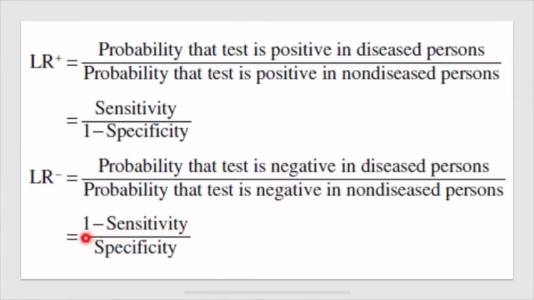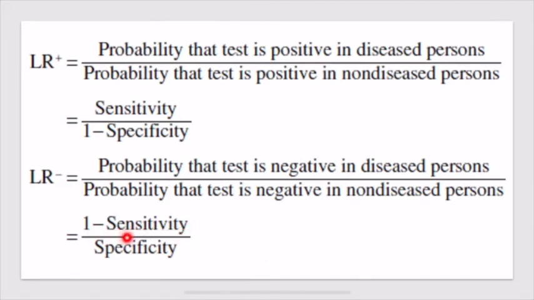We want to calculate it using 1 minus sensitivity for the top over specificity. We want a very specific test. We want to calculate it by the 1 minus sensitivity on the top.